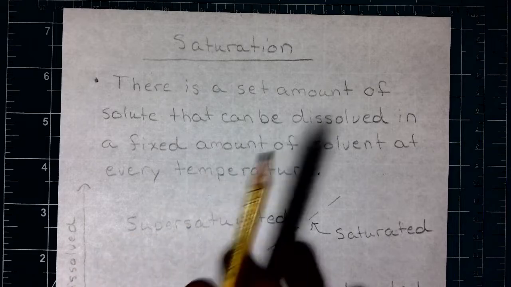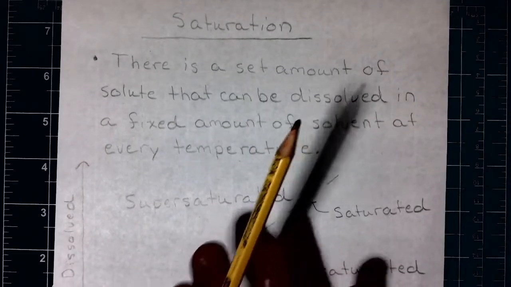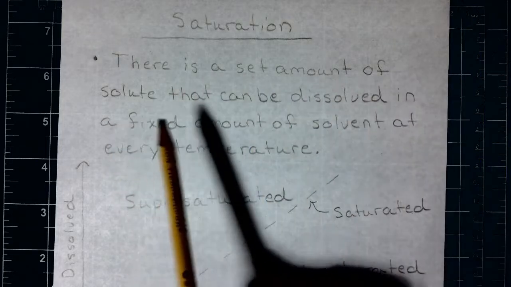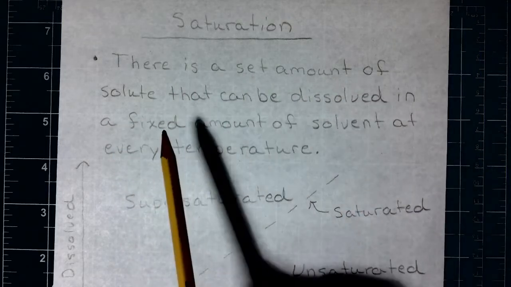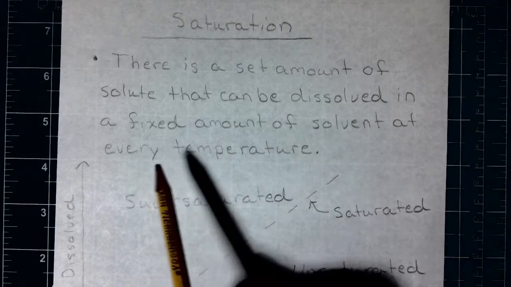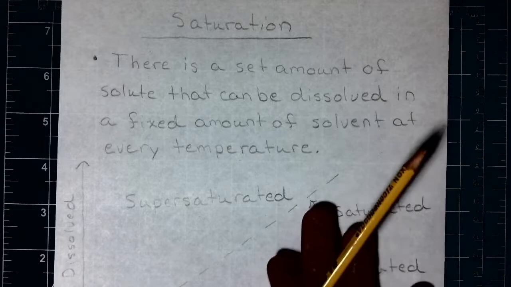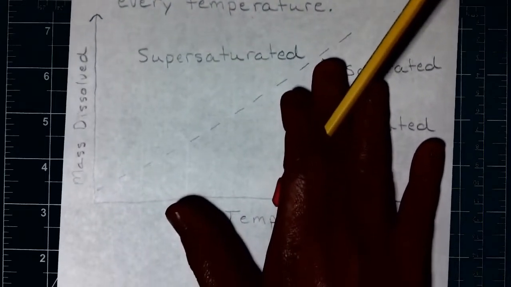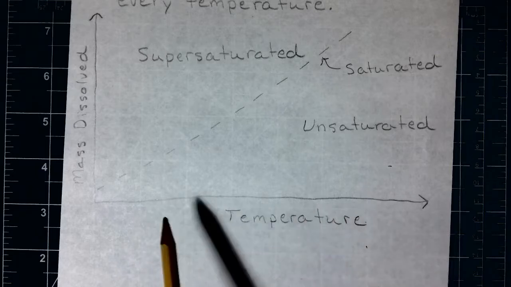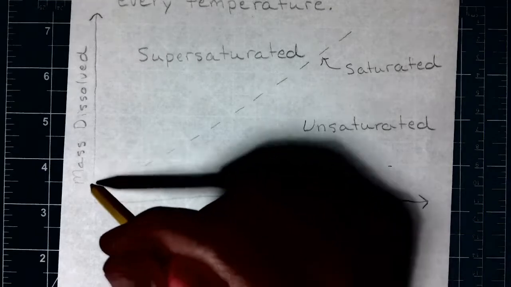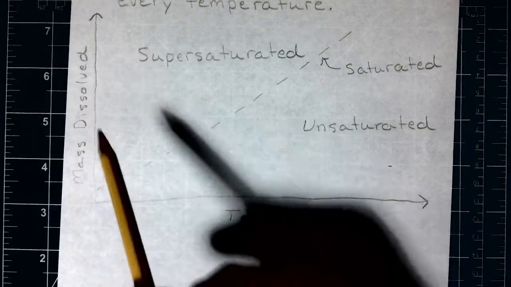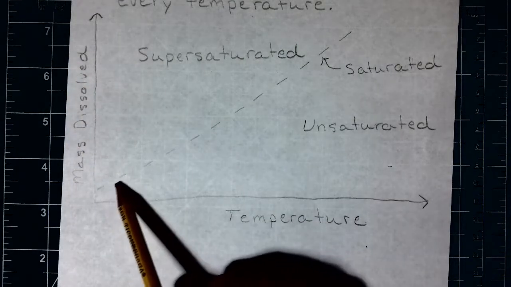So saturation, as I alluded to earlier: there is a set amount of solute that can be dissolved in any fixed amount of solvent, and this is dependent upon the temperature. So if we tried to graph this out with temperature on the x-axis and the mass of solute that's able to be dissolved on the y-axis, we're going to see roughly a line.